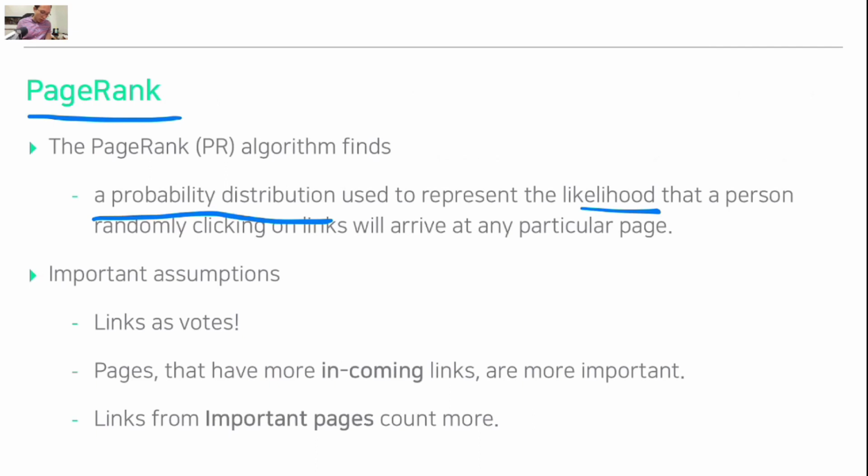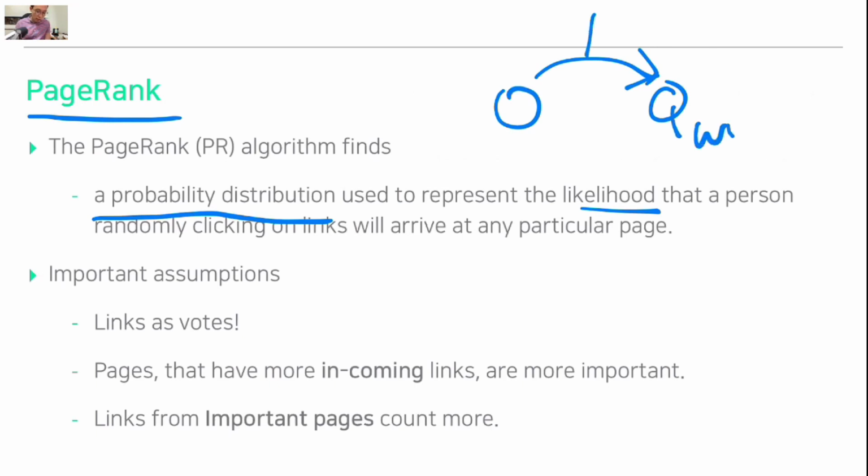So we have important assumptions for the algorithm. They think a link is a kind of vote. You know what a vote means, right? To elect the president, we have to give our vote to the candidate, right? Like the vote in a presidential election. So sending a link could be considered a kind of vote for the web page, for example.